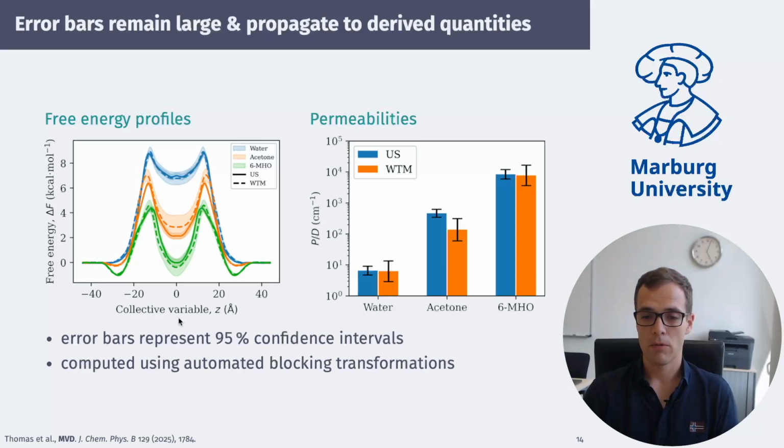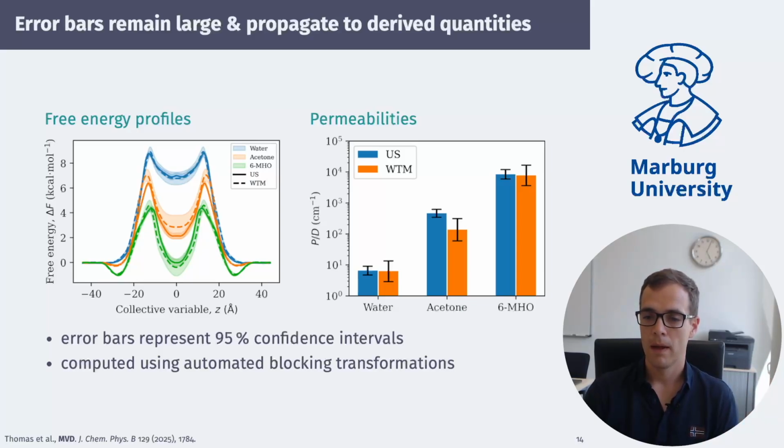And if you're interested in the work, I recommend that you check out the study. Basically, our recommendation is to force symmetrize, but to simulate until the symmetrized profile has converged. Because if you do that, you get errors in derived quantities, such as the permeability, which are acceptable. And by acceptable, we typically consider one order of magnitude. Because, again, these permeabilities have an exponential dependence on free energy.